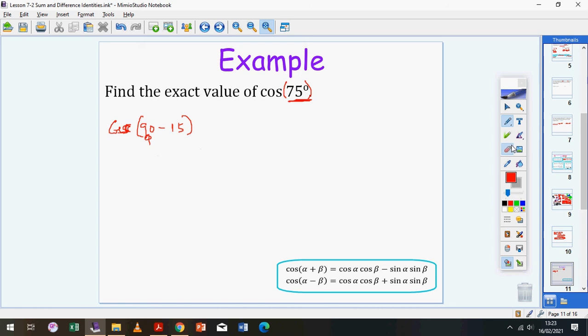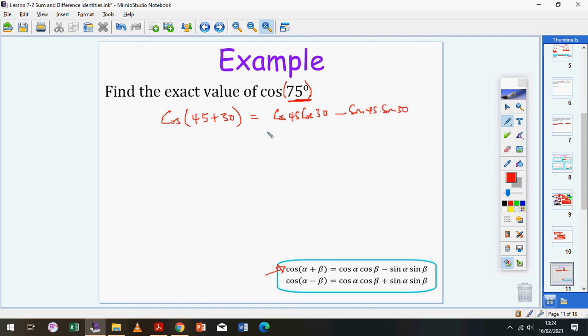But if I tried cosine, instead of 75, I can try 45 plus 30. Now, since I have 45 plus 30, I can use the addition formula for cosine, which will be cosine of 45 times cosine of 30 minus sine of 45 times sine of 30. The cosine of 45 I know is root 2 divided by 2.